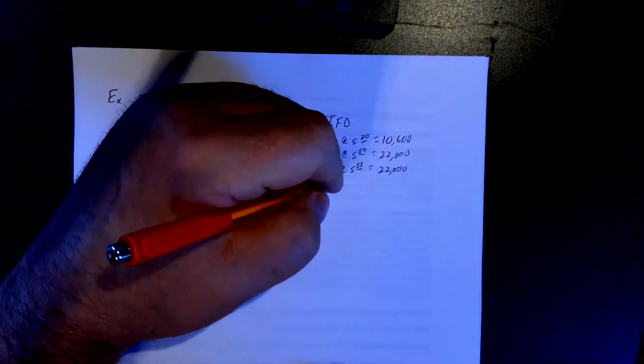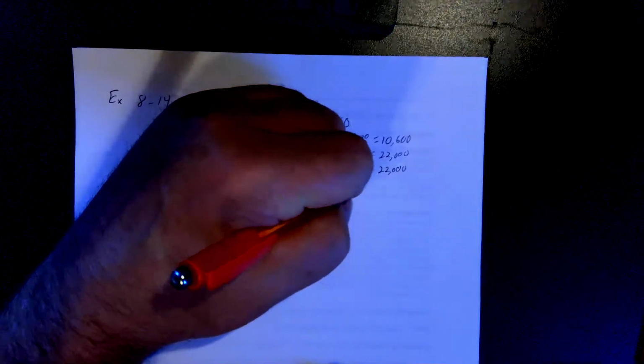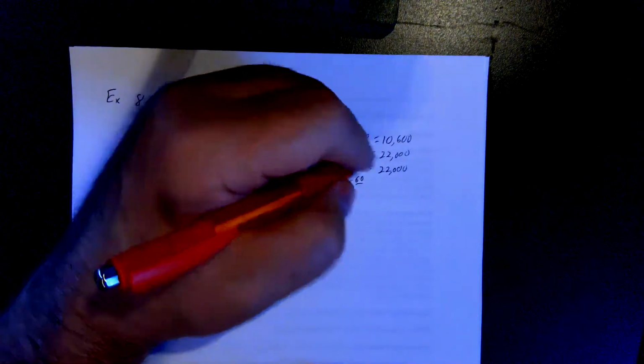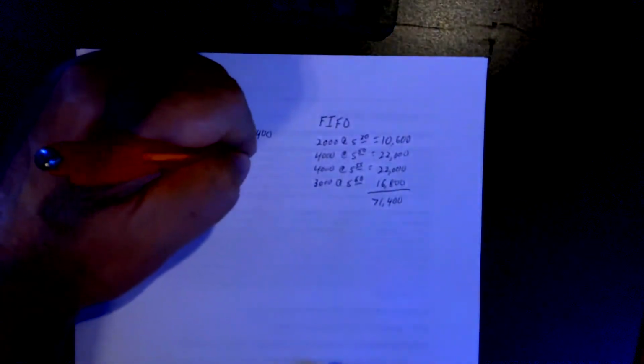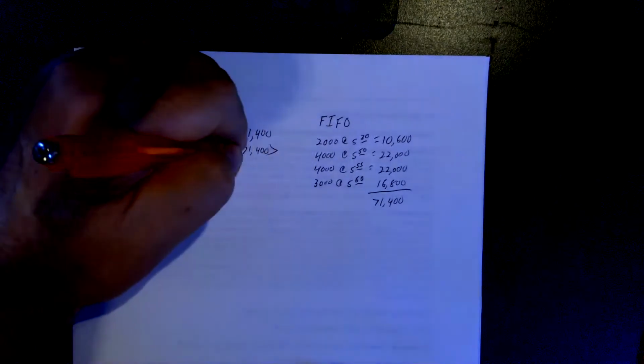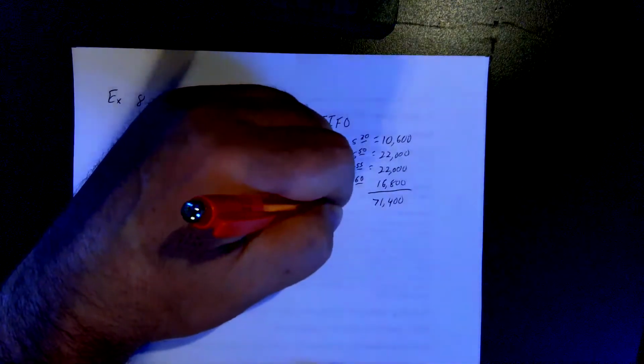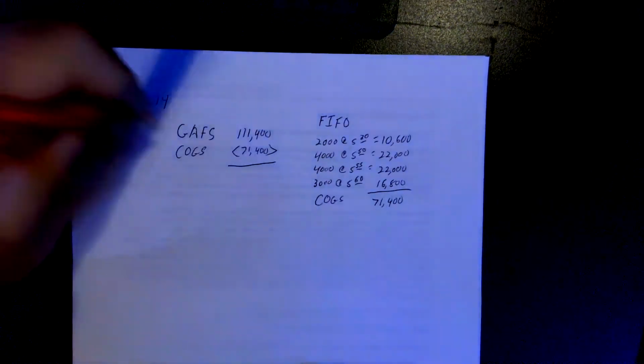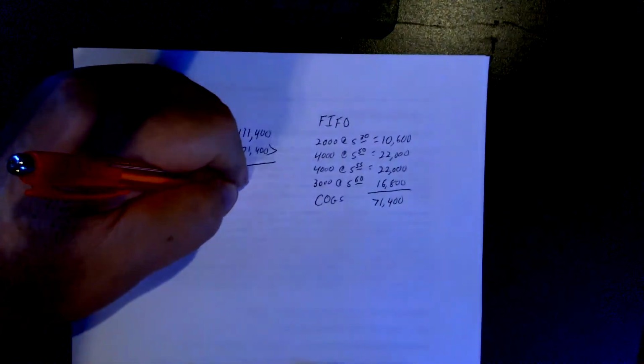And those were purchased at $5.60. And that's 16,800. So if we add that all up, we get 71,400. This is our cost of goods sold. And ending inventory is going to equal 40,000.